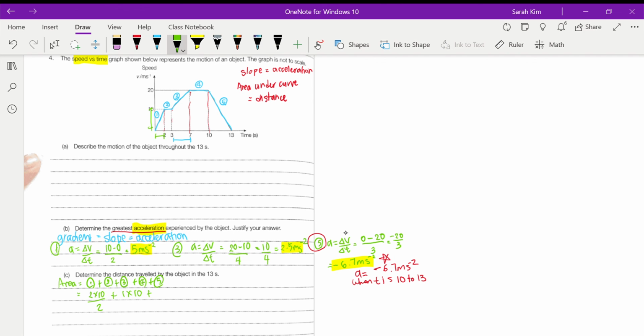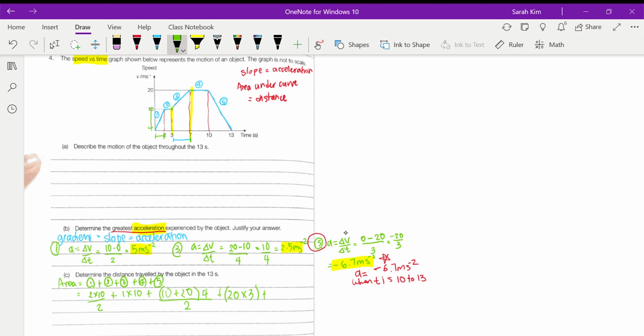Next section is a trapezium, so I have to add this side and this side, which is 10 plus 20, and then times that by the height, which is 4 seconds, and then divide it by 2. Then the 4th section, which is just 20 times 3 seconds.